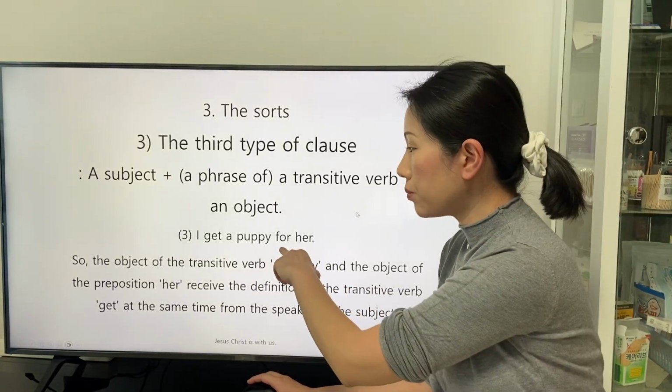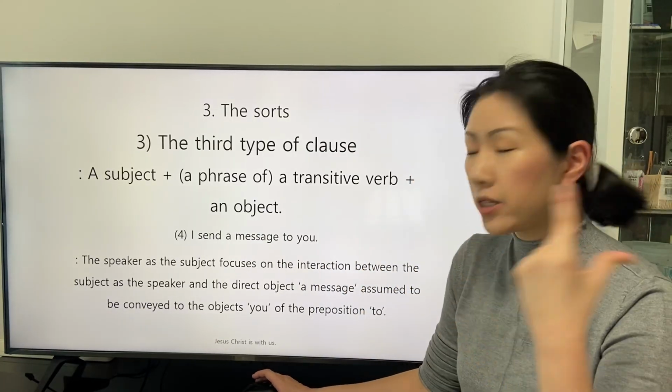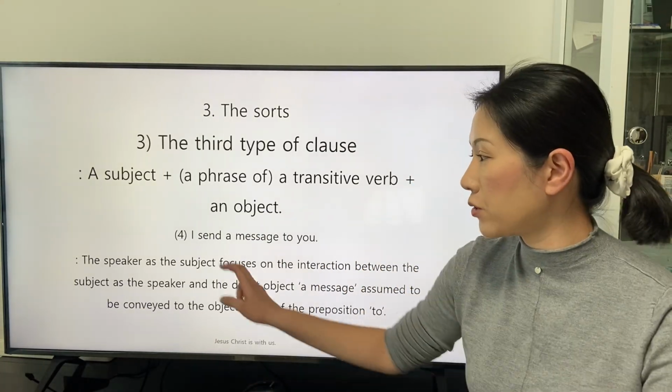These two prepositions are differently applied according to the definition of the transitive verb.